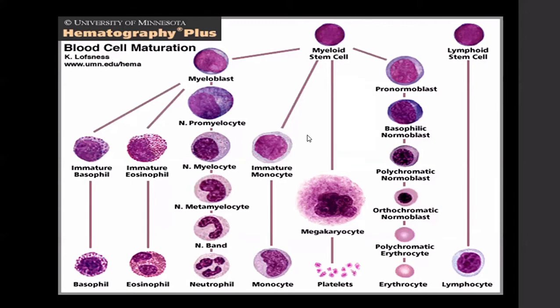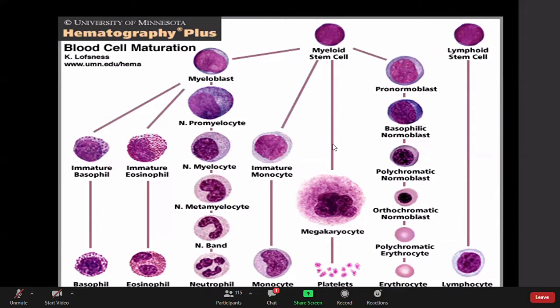So this is the maturation of your WBCs. Kanina, stem cell, nakita naman natin, stem cell divided into a erythrocyte precursor, a myeloid precursor, and a lymphoid precursor. Dito, when we talk about WBCs, dadalawa yung kanyang precursor niya, your myeloid stem cell and your lymphoid stem cell.